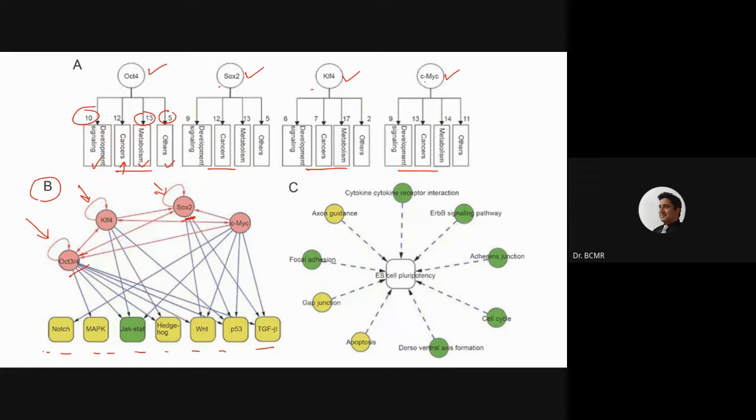Then you find there is an integrated network to maintain the pluripotency of embryonic stem cells or induced pluripotent stem cells, involved in many different cell processes and mechanisms. So what I want you to remember at this point is OKSM: OCT4, KLF4, SOX2, and CMYC.